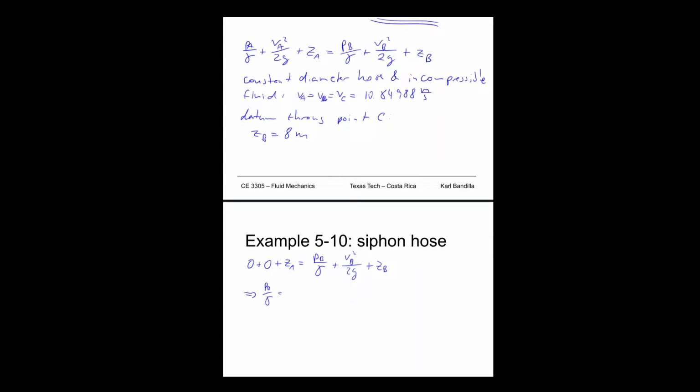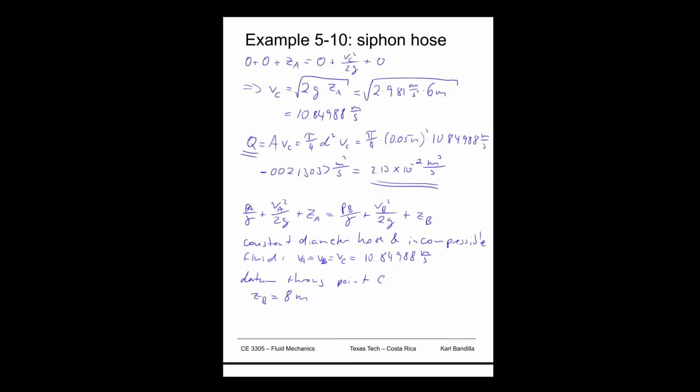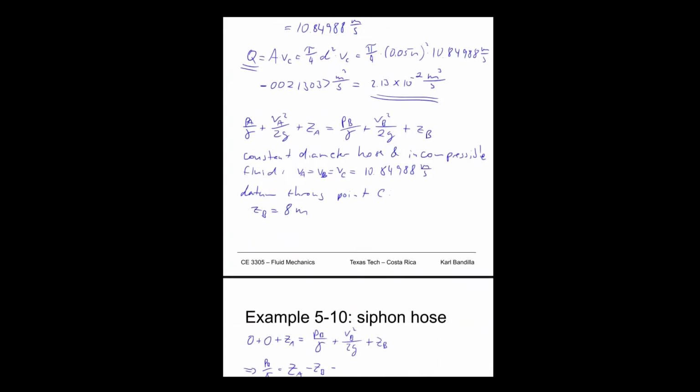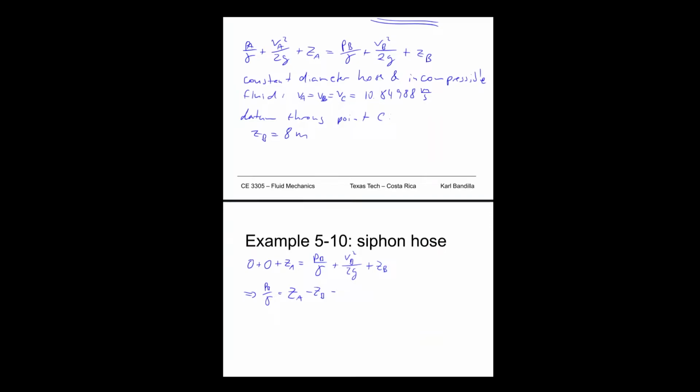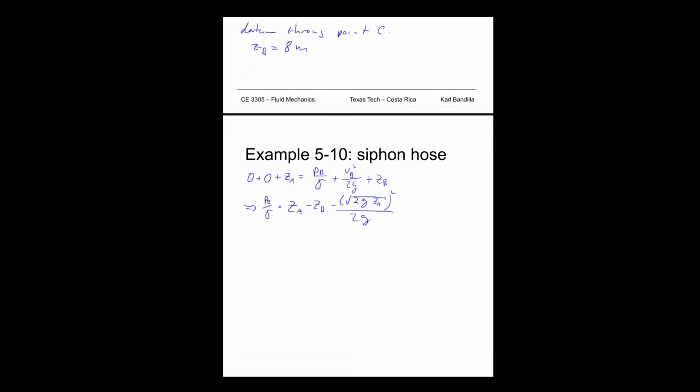over gamma. It means we have to bring all this stuff over, but we'll have ZA minus ZB, and then minus VB squared. So if we look back to VC, VC was the square root of 2 times G times ZA. So if we square that, let's write that down, maybe make it very clear here. That was just 2 times G times ZA, all that squared, over 2g, and the ZB we already have.